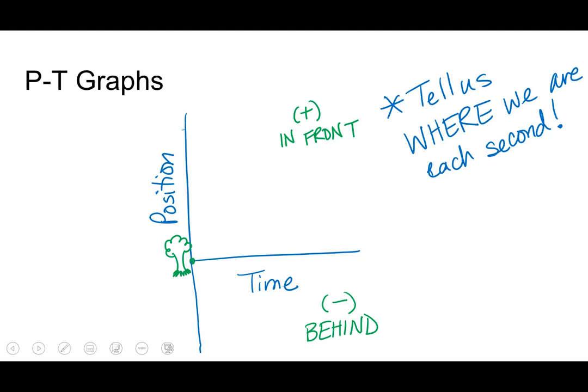So if we had a position time graph that looked something like this, anything that is above that 0 line, so here, here, and here, would be considered in front of our relative point, in front of the tree.